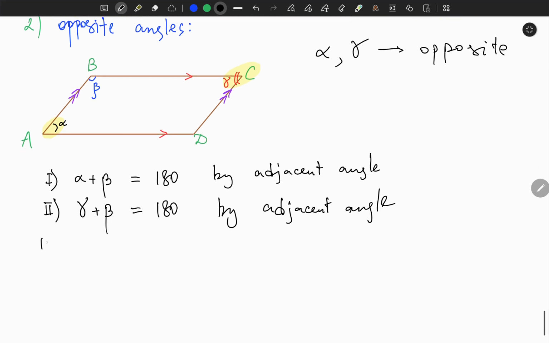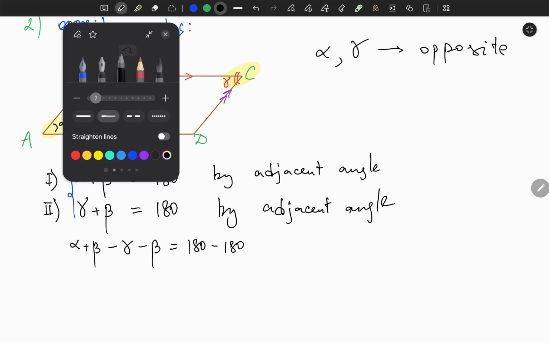Number three, we can do the algebra. We can subtract these two equations. Subtract alpha plus beta minus gamma plus beta, and 180 minus 180.